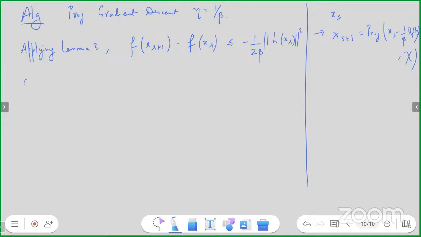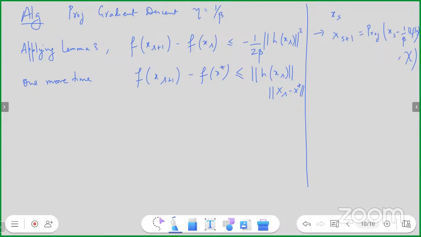And one more time: f of xs plus 1 minus f of x star to be less than or equal to, again, norm of h of xs times norm of xs minus x star, dropping the negative quantity.